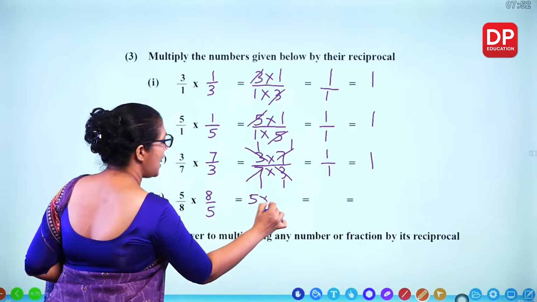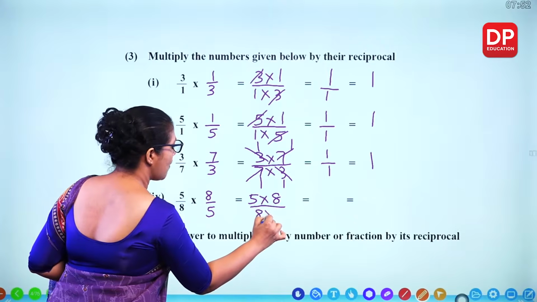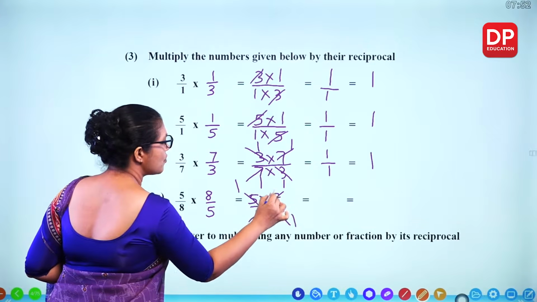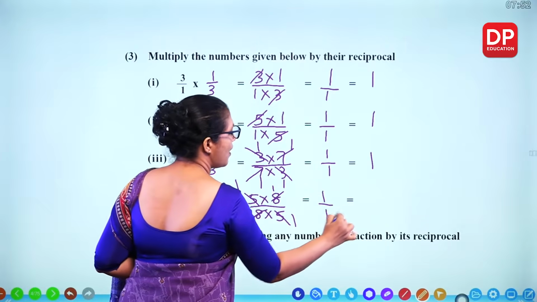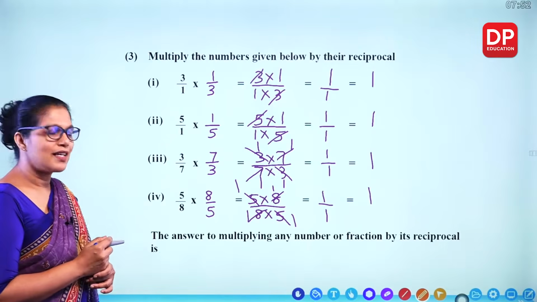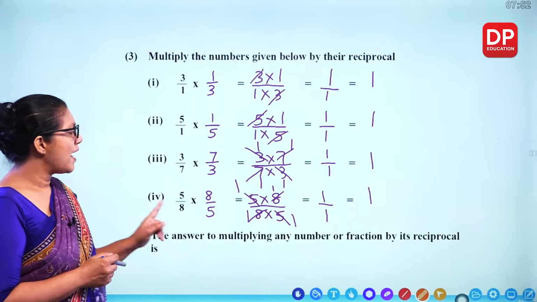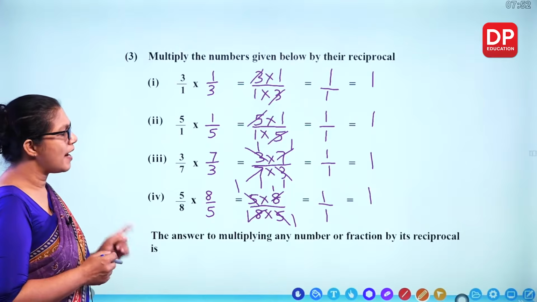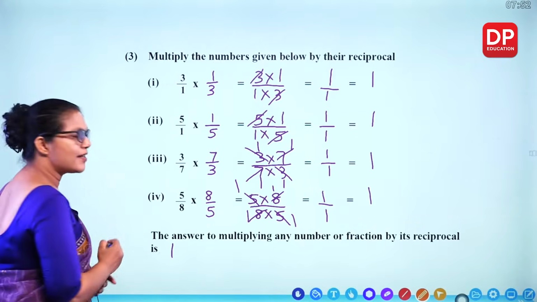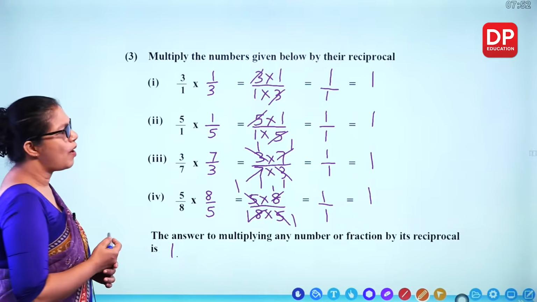So 5 times 8, 8 times 5. 8 gets cancelled out, 5 gets cancelled out. You get 1 over 1. That's 1. What can you see? The answer to multiplying any number or fraction by its reciprocal is 1. Always 1.